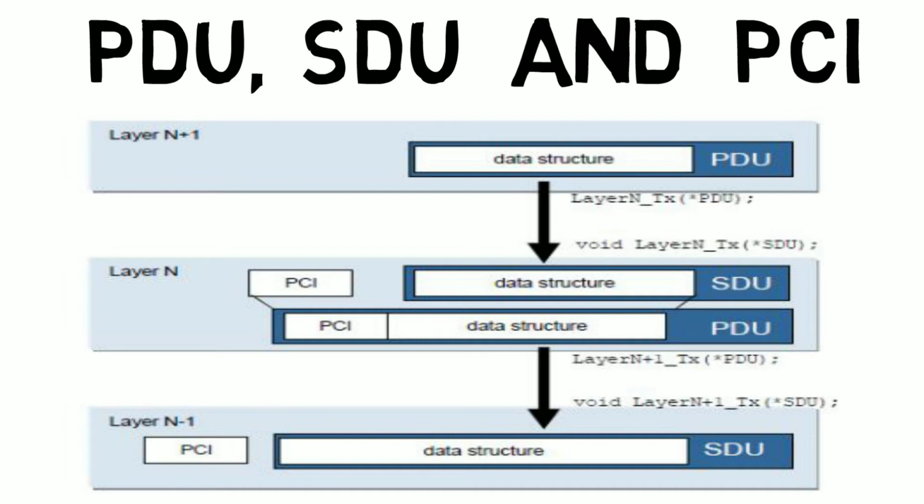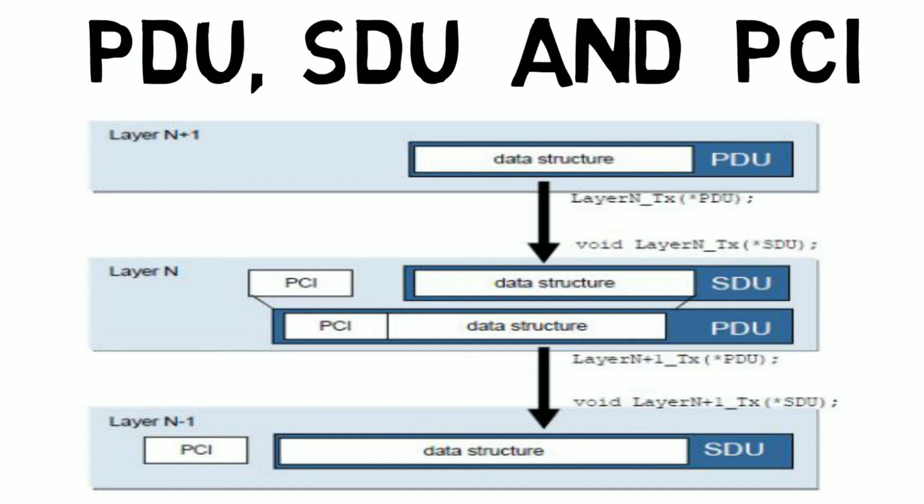When the signal comes out of the RTE to the COM layer, here the signals are SDUs for the COM module, and this COM module adds one header. The header is called PCI, the protocol control information. The SDU plus PCI, we call it PDU.